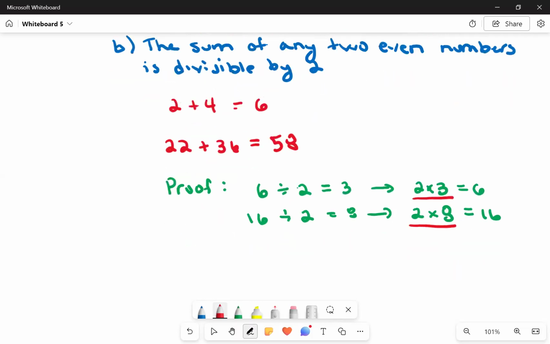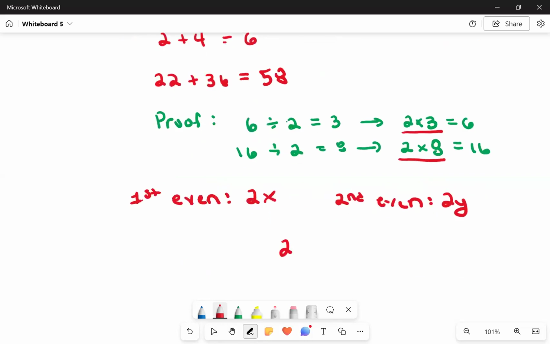So if I want to take 2 random even numbers, I'll use x since that's what I used earlier. 2 times x is an even number. And then another even number, the second one, could be 2y. If I add those two together, guess what?